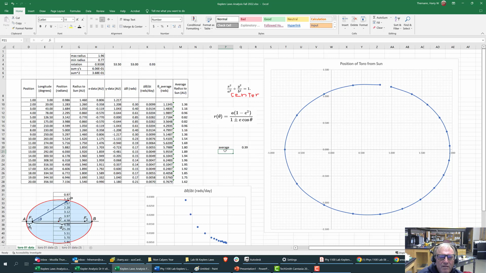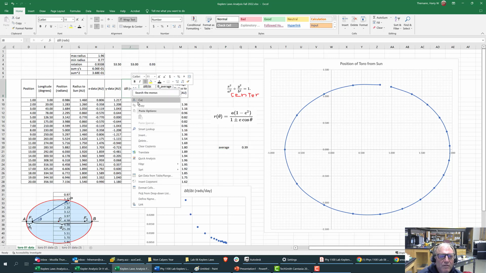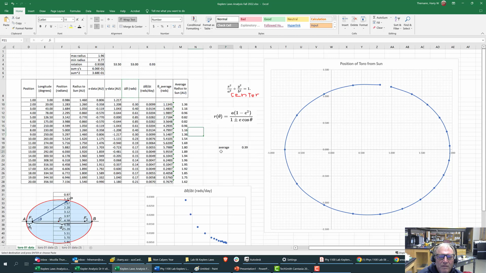And then we need to know what is the delta theta for 20 to 1, and that's going to equal to, we have to be careful here because that is at 7.156, right?